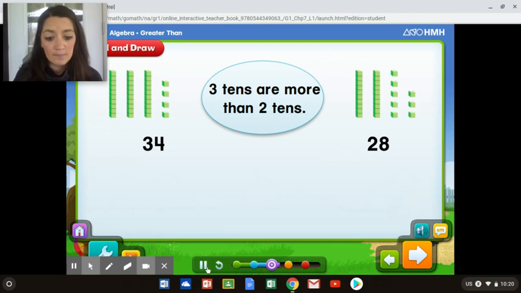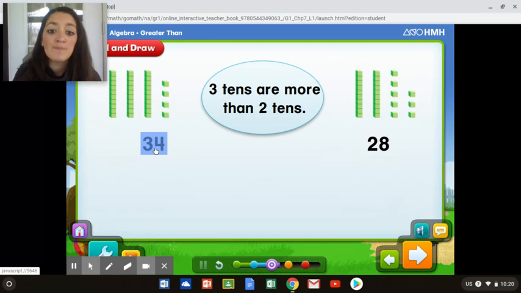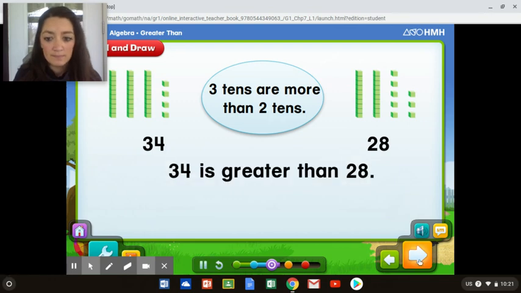So which number is greater, 34 or 28? Select the number that is greater. Because there are more tens in 34, 34 is the greater number. Right, 34 is greater than 28. We can show this using the greater than sign, which opens to the greater number.